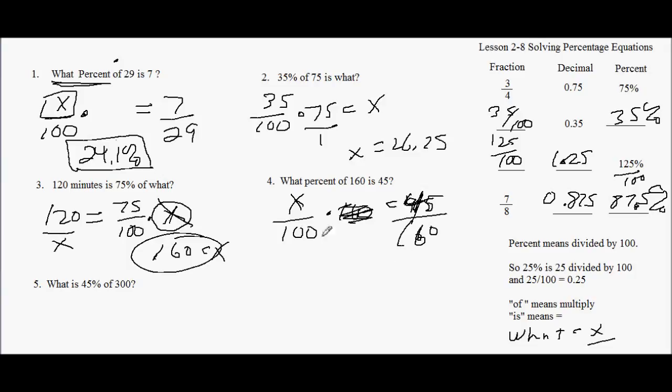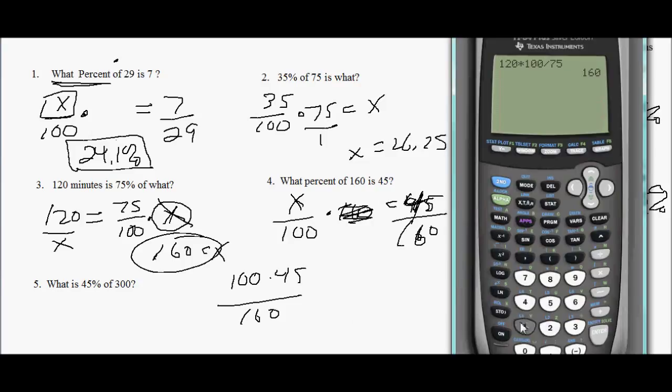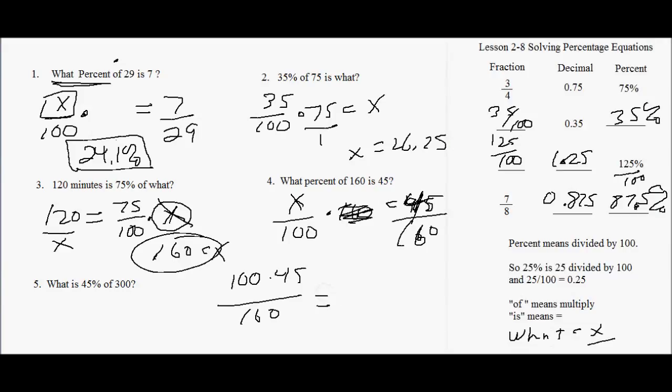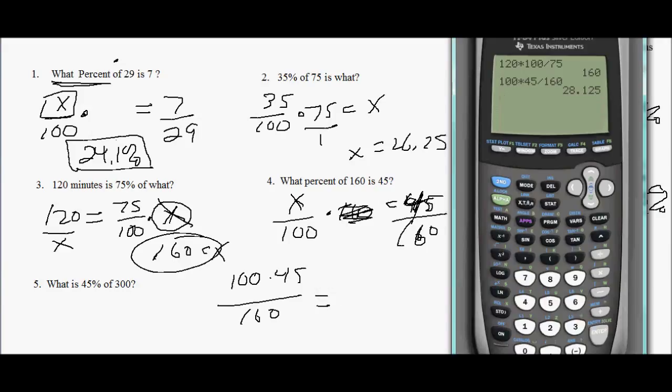It's supposed to be 160, so I got 100 times 45 divided by 160. That's equal to 28.125. 28.1%.